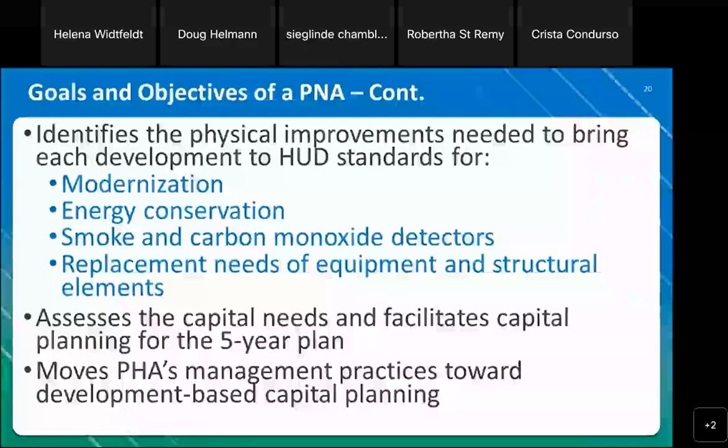However, for those resources that are left, you can still use that information to better plot and make a visual for your tenants, your staff, and the executive director, showing why these particular pieces are planned in the 5-year plan the way they are. So it helps with communication. And of course, housing authorities' management practices for capital-based planning are best supported when you have something that speaks to what is actually needed.